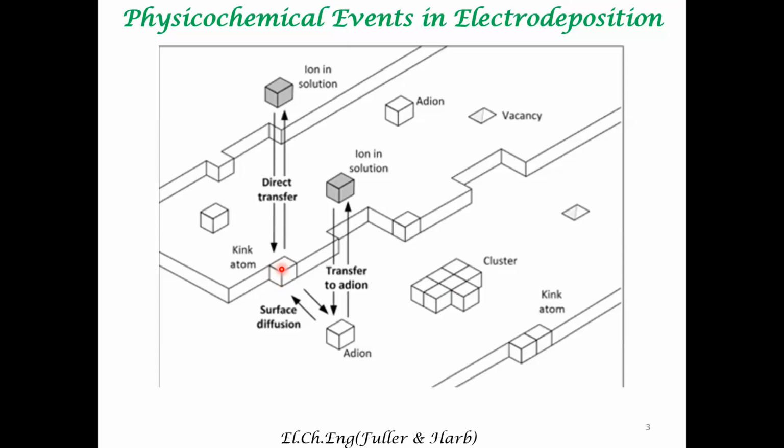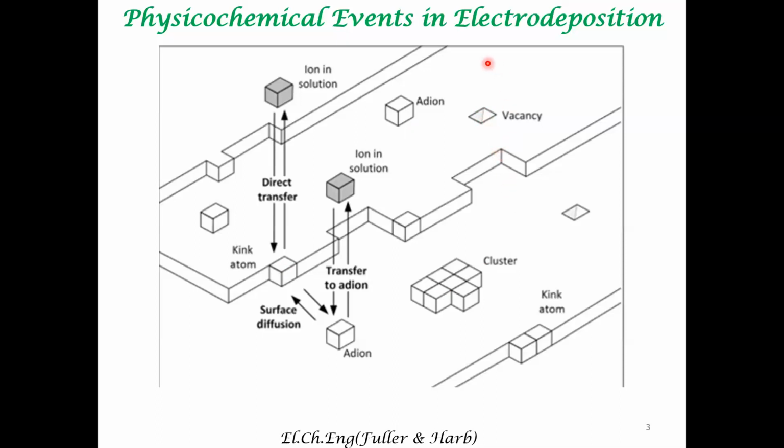There are different possibilities for the addition of cathodically reduced ions. The ion can get added onto the vacancy site, in which case the vacancy is quenched. There was a vacancy where one atom was missing in this site. When an atom gets added and cathodically reduced onto this site, the vacancy is quenched. The vacancy is no longer present.